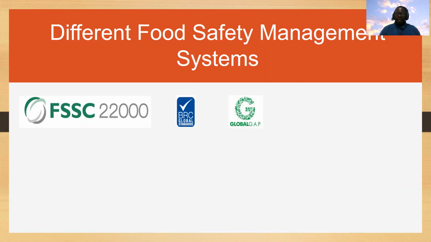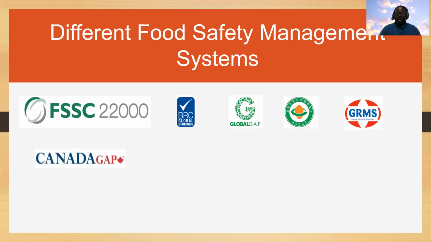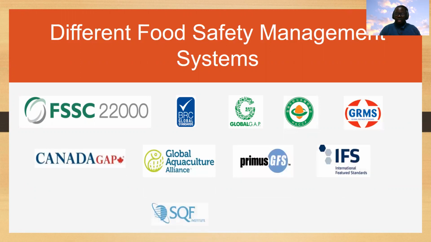Then we have got Global Gap. Global Gap is implemented by producers or growers. It looks at the farm, the primary producers. So it is a HACCP system for primary producers. Then we've got different standards depending on which country. We've got an Australian standard SQF, we have got IFS, which is mostly American, we have got Canada GAP, we have got GRMS, which looks into the meat industry.